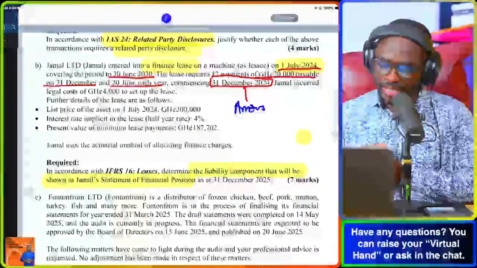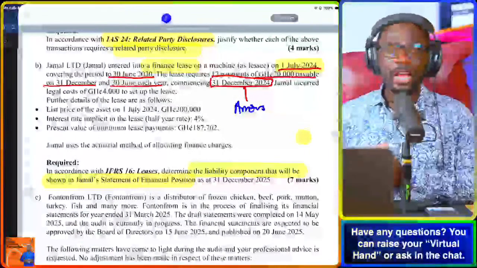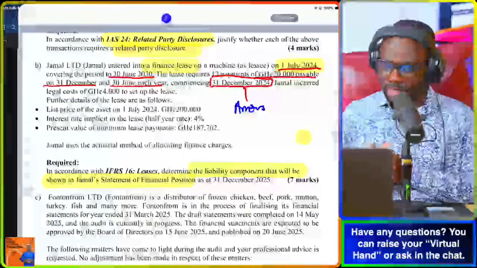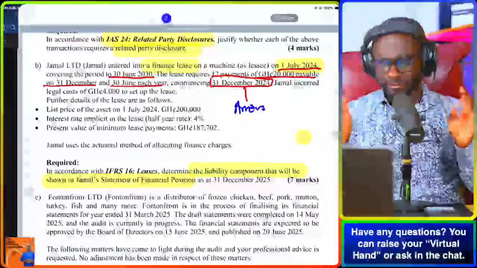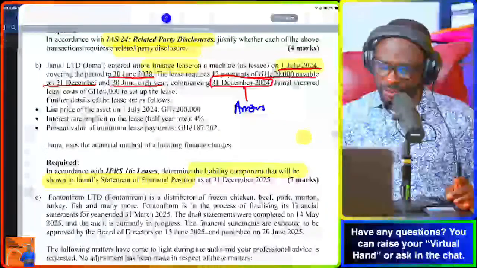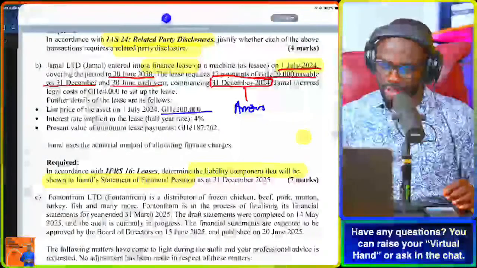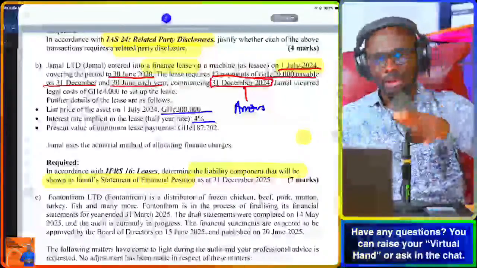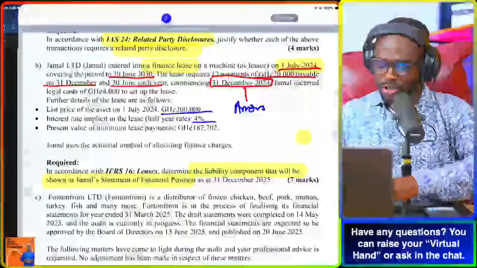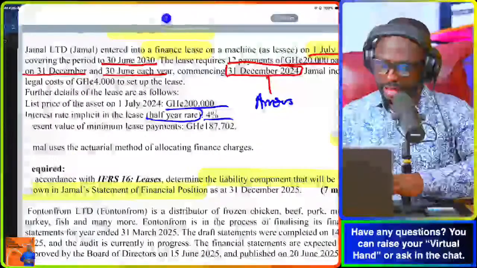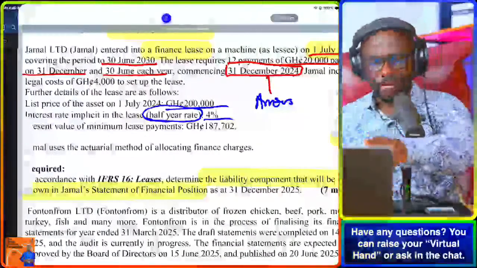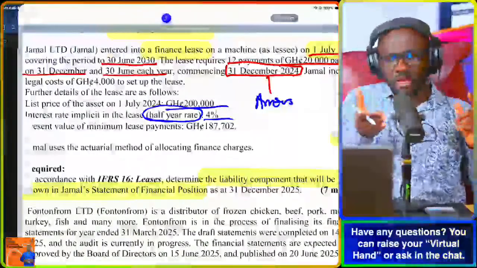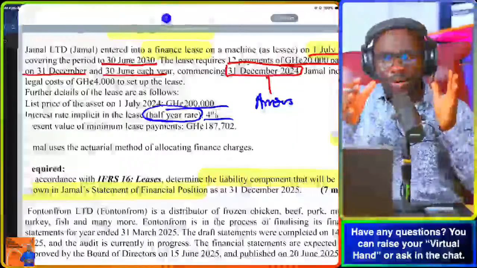Jamal incurred legal cost of 4,000 to set up the lease. Further details of the lease are as follows: interest rate implicit in the lease, 200,000, half yearly. You got to be careful, because if the half yearly was not in brackets, then whatever rate the examiner would have given us would have been for the year. Then you would have to divide that by 2 to get the biannual rate.